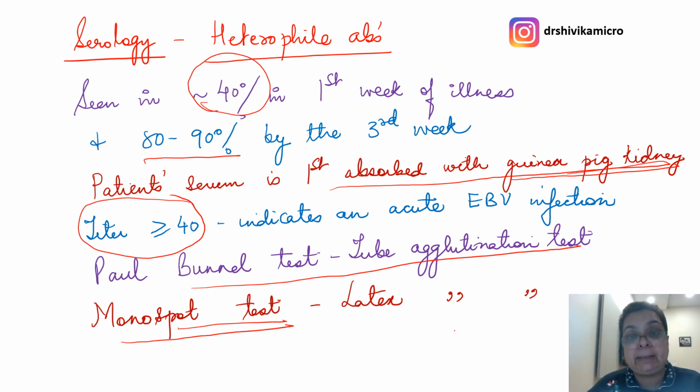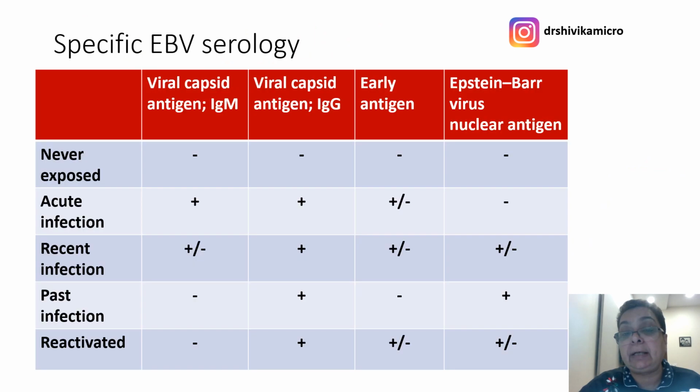But specific serology is done by ELISA, in which what is characteristically tested for are IgM antibodies against viral capsid antigens, IgG antibodies against viral capsid antigens, antibodies against early antigens, and antibodies against nuclear antigens. Okay, so let us study this table.